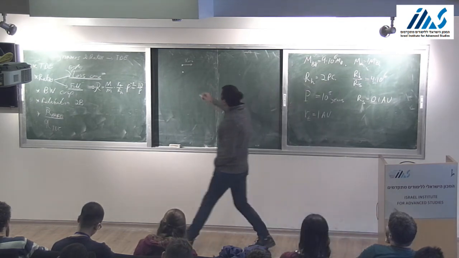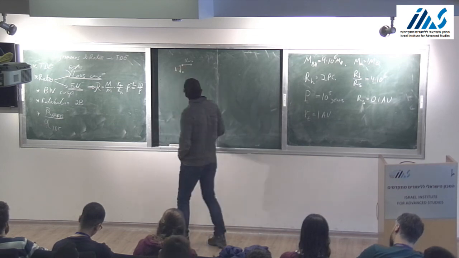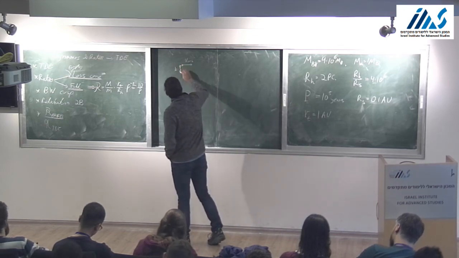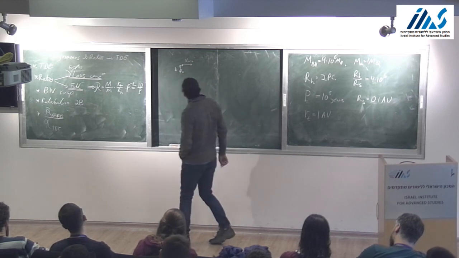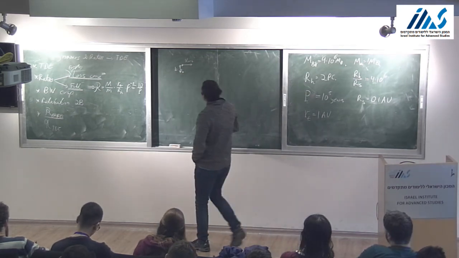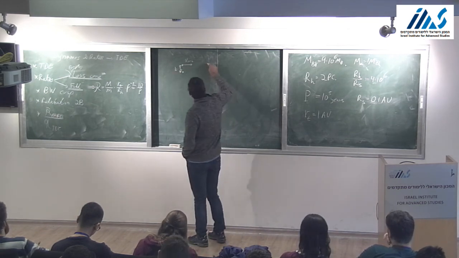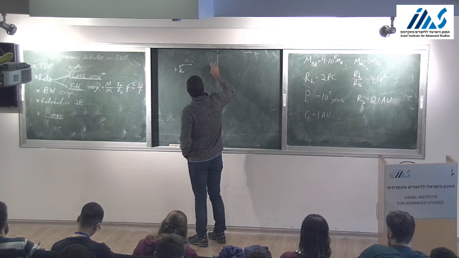So when they pass at some impact parameter b from each other, they stay at that distance b for a time b divided by v orbit.